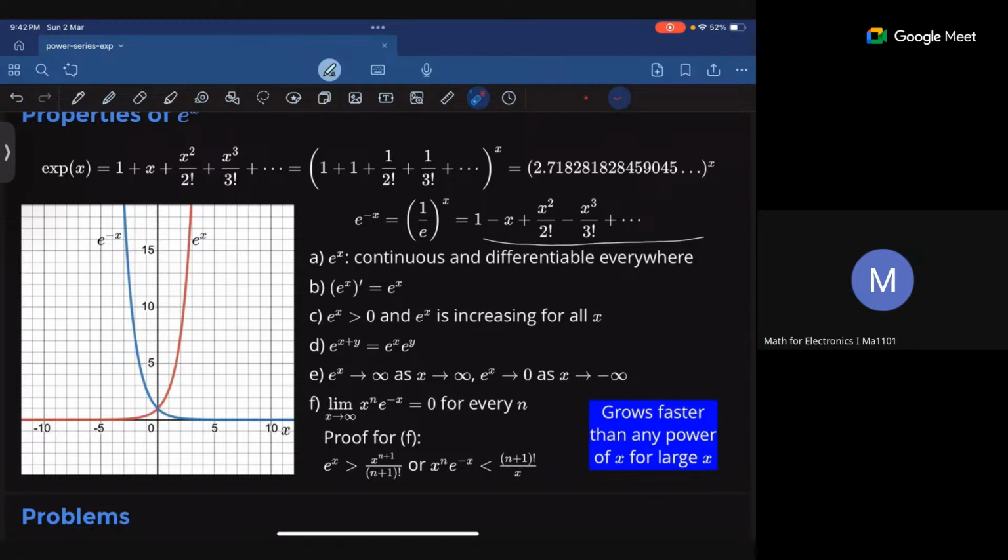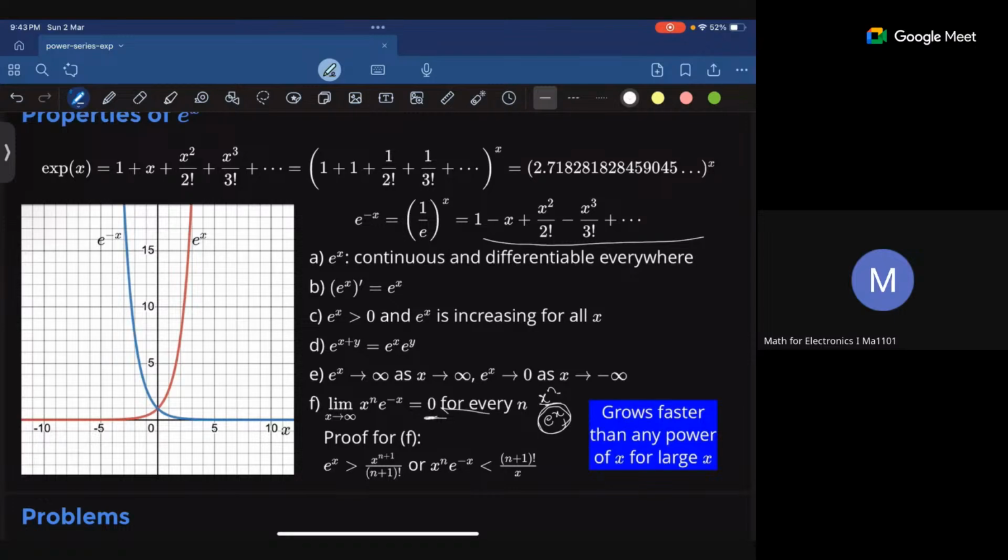So if you take x power n divided by e power x, as x goes to infinity, the denominator dominates, and the whole thing will come to 0. Even though you have x power 10,000 or x power a very large number, as x tends to infinity, e power x will always dominate, and the limit will actually become 0 for every n.